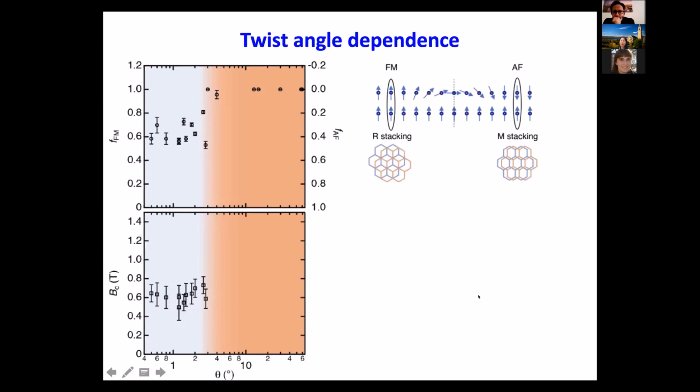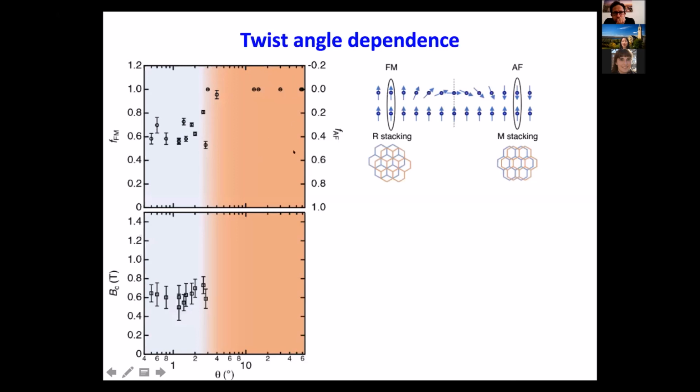So how do we understand something like this? I told you for rhombohedral stacking, it should be ferromagnetic, and for monoclinic, it should be antiferromagnetic. And the ferromagnetic interlayer interaction actually dominates. This energy is bigger.